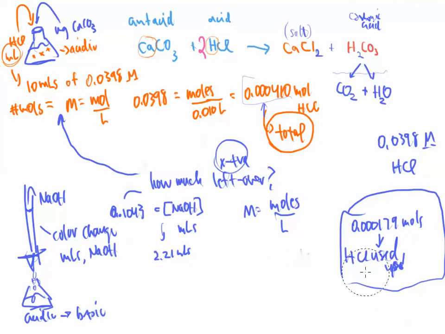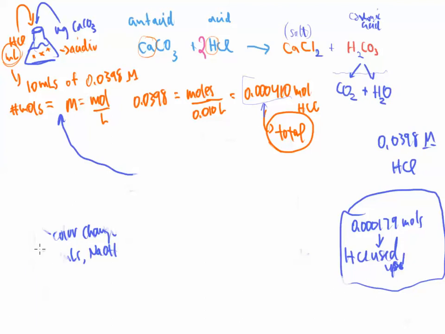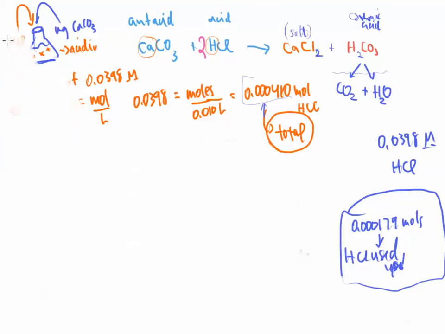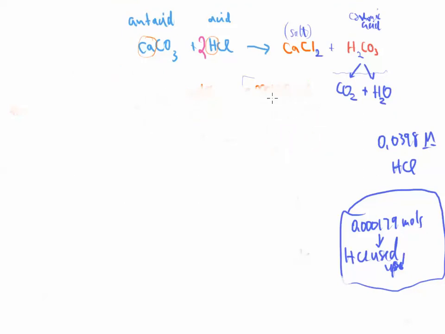In the previous one, we said that we had 0.000179 moles of acid that was used up in the experiment. Okay, so now I need to figure out what to do with that in regards to the antacid concentration. Let me erase this up here. It looks like I got a little eraser happy here. So we'll write CaCO3 back in.